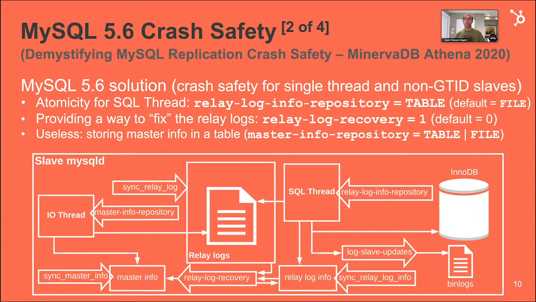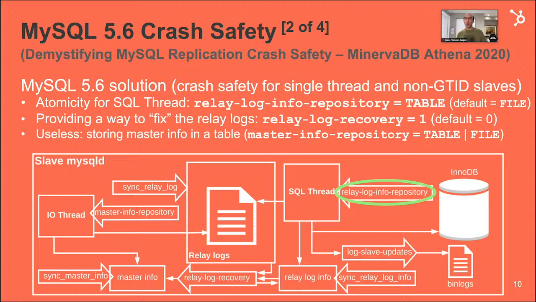There's a new parameter called relay_log_info_repository, which by default is file. So we're storing relay log info in a file by default, like 5.5, but you can set this to table. This parameter allows for atomicity for the thread state tracking. So when the SQL thread commits something to InnoDB, at the same time, it will update its state. Now we have atomicity between the relay log info and the data.